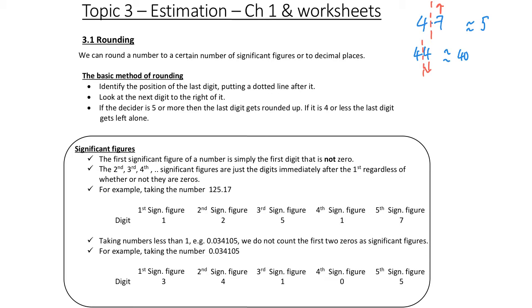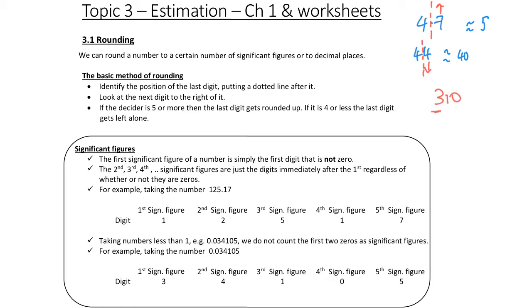Significant figures, this is new to us. The first significant figure of a number is the first non-zero digit. So in the number 4.7, the first significant figure is 4. In 44, it's also 4. In 310, the first significant figure would be 3.